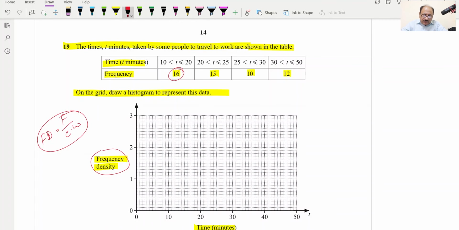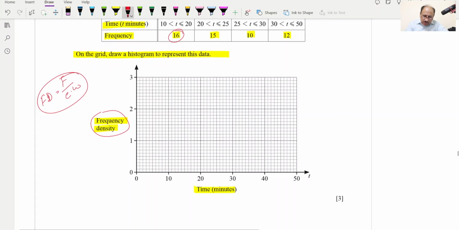So frequency density for 10 to 20. 10 to 20 is up to this one. And if we want to calculate for 10 to 20, frequency is 16 and class width is 10, so this will be 1.6. 1.6 is over here, and we can draw the histogram bar like this one.